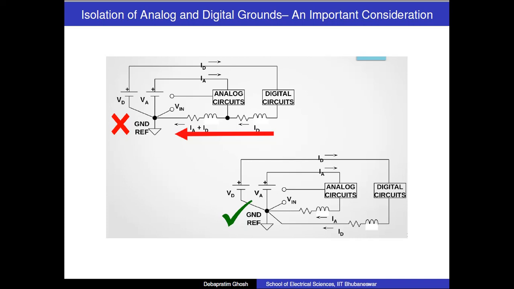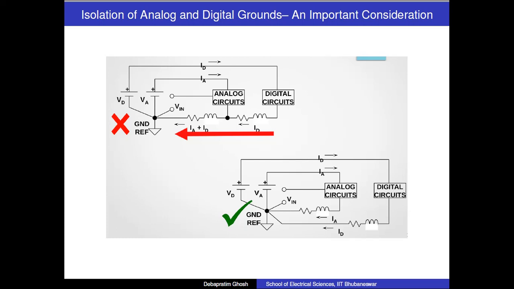In such a case, it is very, very important to isolate their VCC paths as well as the ground paths. If you keep the same return path for the ground, then it is very likely that due to the proximity of the connections, noise on the analog ground may affect the digital ground.